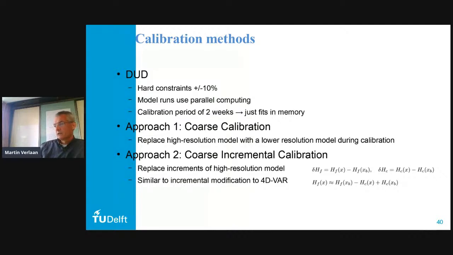And we did a slightly different modification, which is a bit inspired by incremental 4D-VAR, where instead of doing the calibration directly with the coarse model, we make a model run with the fine model, and then compare these to the observations, and then look at increments only. So we have changes in the coarse model, HC, and we approximate the solution, correcting for the bias between the fine and the coarse model. And we expect this to be more accurate because we're removing a lot of the bias from the calibration process.